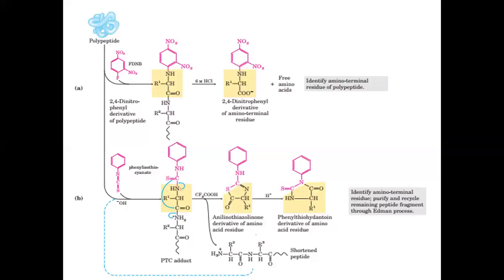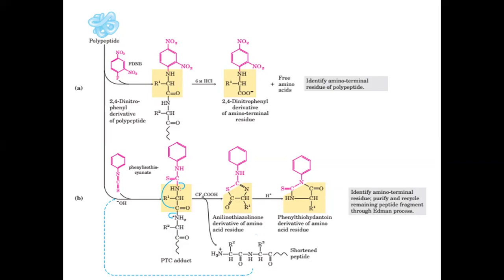In this case, unlike in the case of Sanger's, where all the peptide bonds will be broken, only the peptide bond holding the derivatized amino acid, the first N-terminal amino acid that reacted with this reagent, will be clipped. Once it is clipped, it can be isolated in the form of anilinothiazolinone, a derivative of the amino acid.